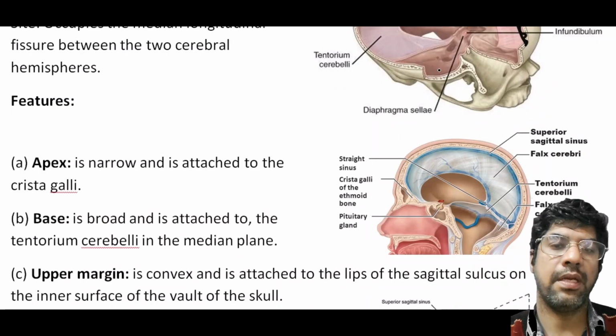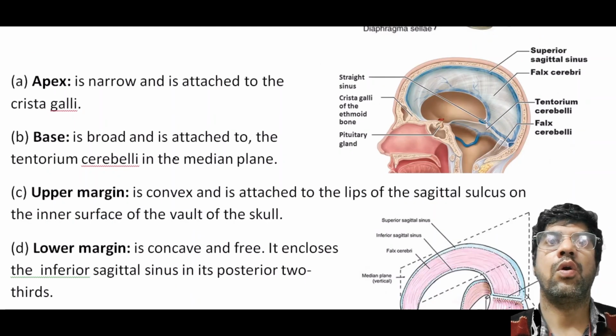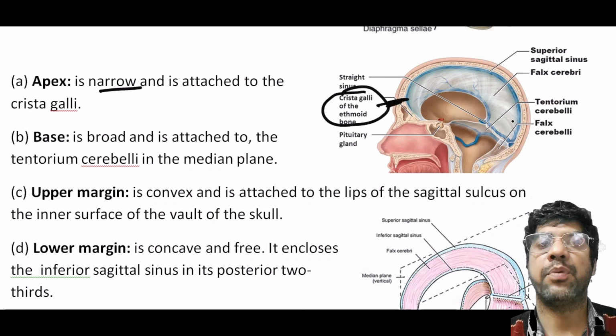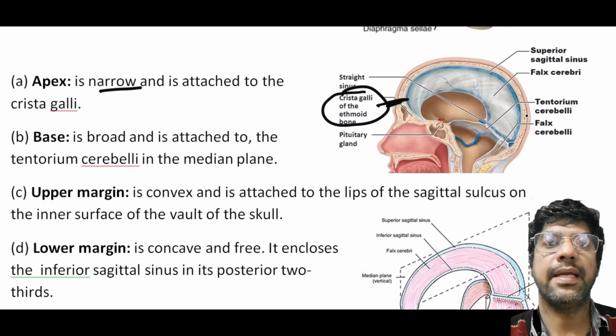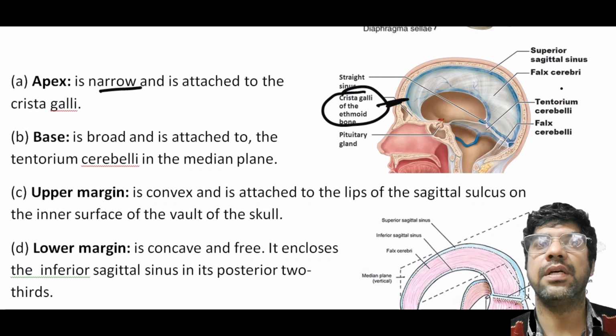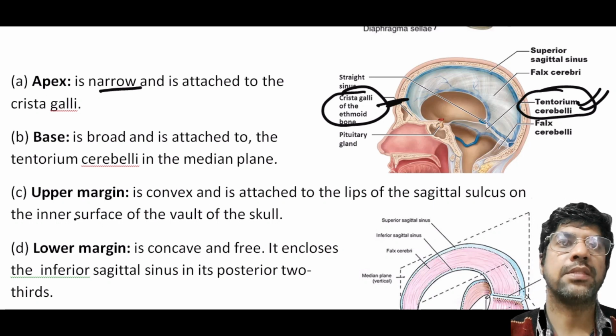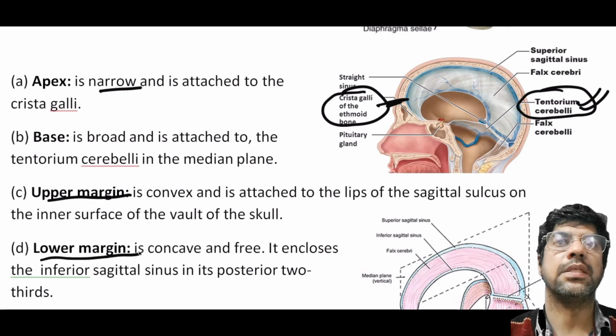It has a narrow front end that is attached to the bony ridge known as the crista galli, and posteriorly the back end is attached to the upper end of another fold known as the tentorium cerebelli.